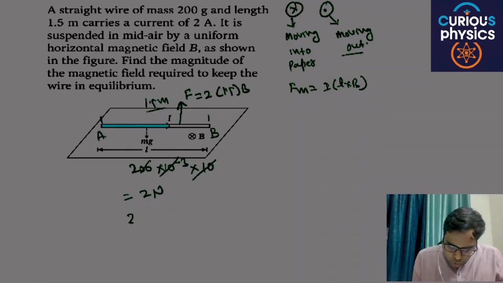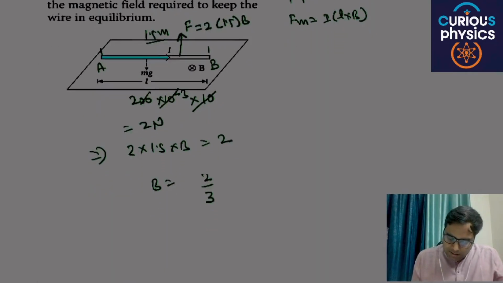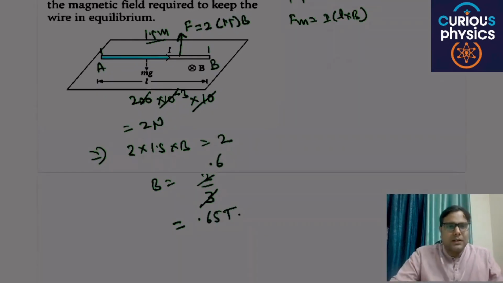Then 2 into 1.5 into B is equal to 2. Then the value of B is equal to 2 divided by 3, which is approximately 0.65 Tesla. You will get the value 0.65 Tesla.